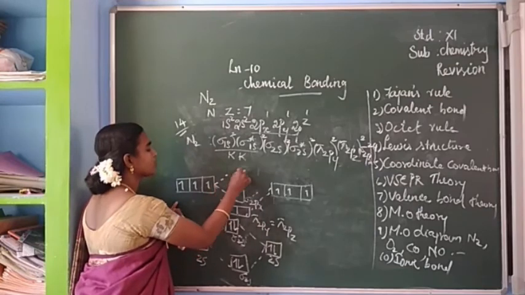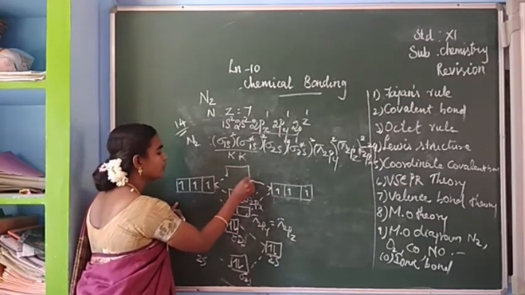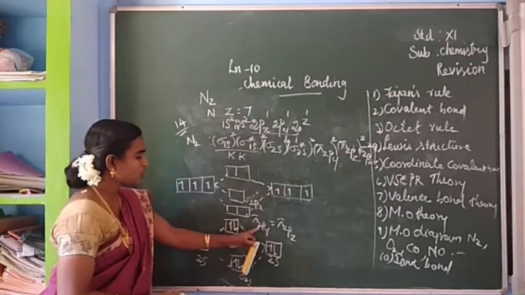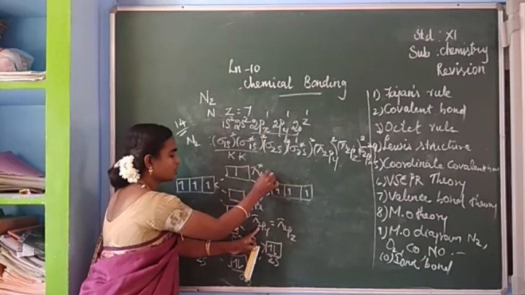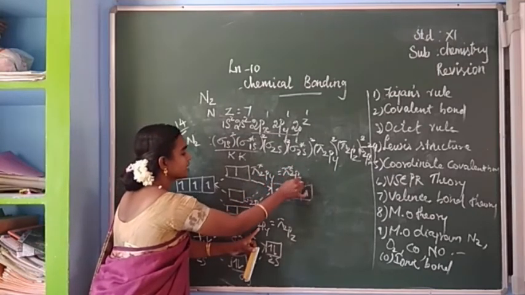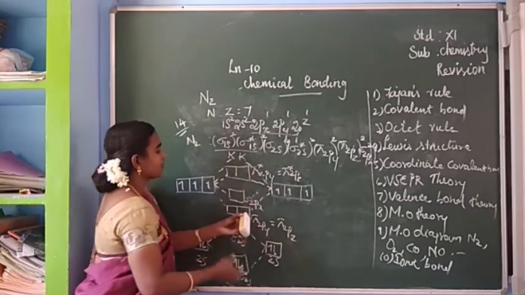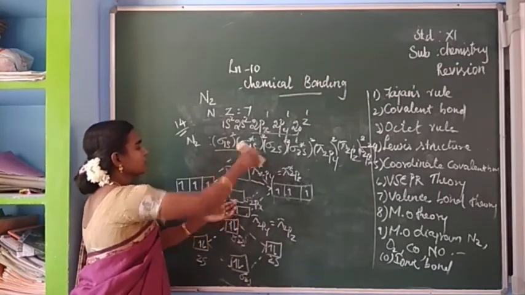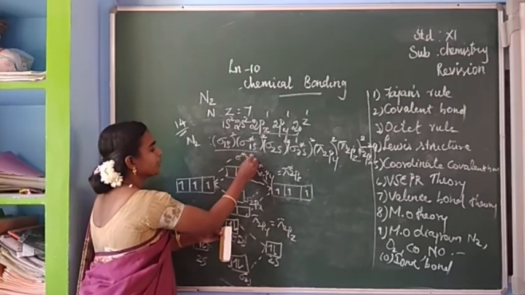Same thing here also: we have to write the same orbitals in antibonding form. Pi star 2py is equal to pi star 2pz. Then one more, sigma star 2px.